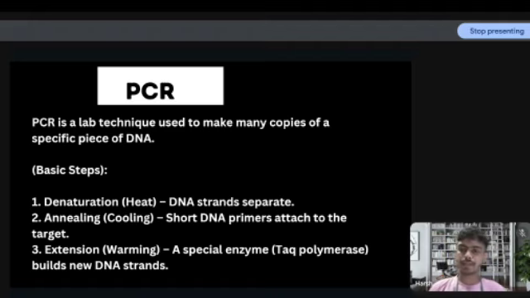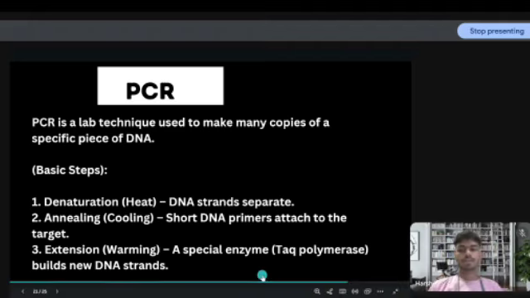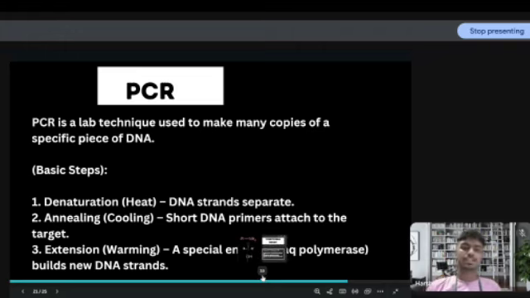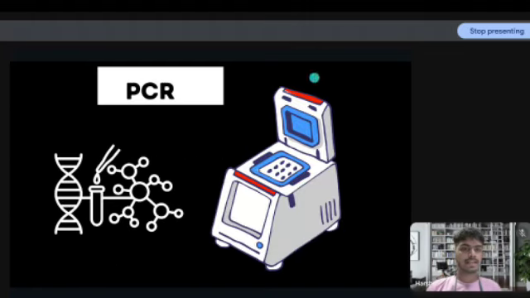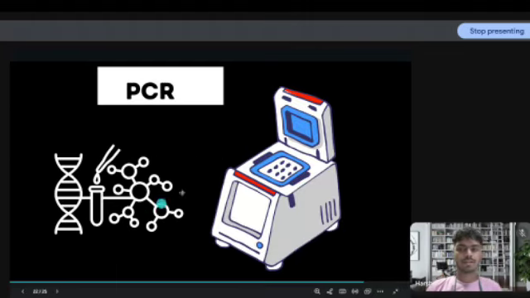And then we'll have the extension, that is a warming process, when a special enzyme called Taq polymerase will build new DNA strands. In this way, it is carried out 35 to 40 times, and a million copies of DNA are produced. So this is the PCR machine through which many DNA copies will be produced.